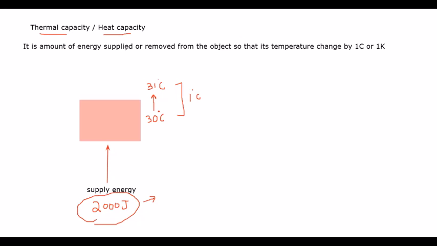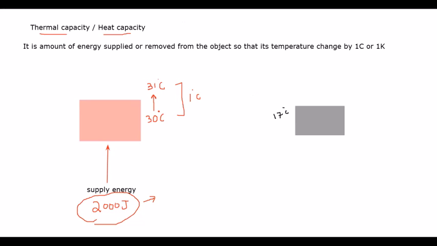So the definition of thermal capacity you have to learn as well. It is the amount of energy required to change the temperature of a given substance by 1 degree centigrade. It can be energy supplied, it can be energy removed as well. Another example, you have an object and the temperature of this object is 17 degrees.